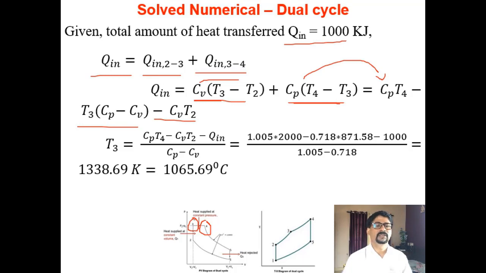You want T3, so the T3 terms you have to take to the other side. This side remains Cp T4 minus Cv T2, and Q in comes to this side, so minus Q in, divided by (Cp minus Cv). Substitute and simplify, and you will get the temperature T3 as 1338.69 Kelvin or 1065.69 degrees Celsius.